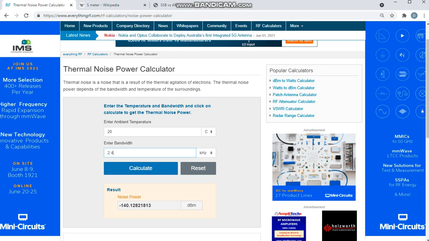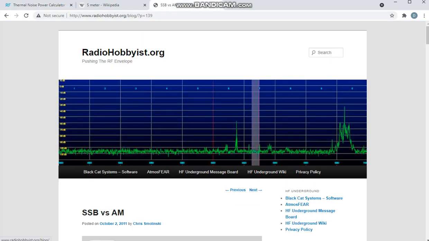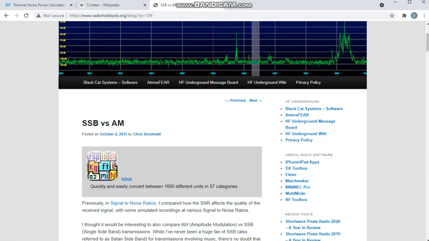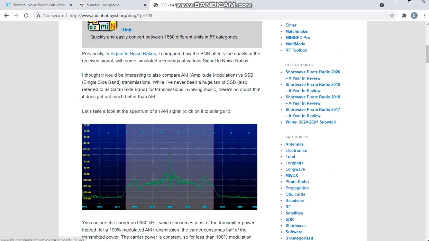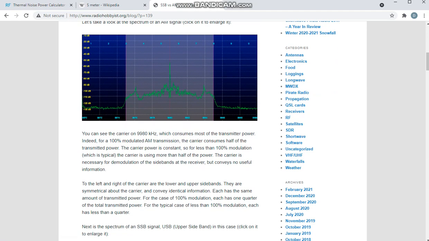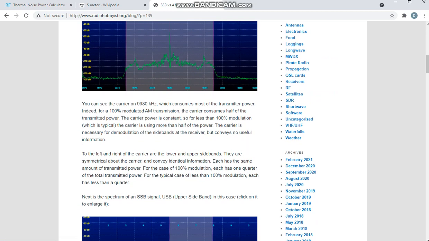The other is, and I found this, radiohobbyist.org has an interesting article. They got one thing wrong, but everything else looks good. They're talking about how the power is concentrated onto one sideband versus a carrier and two sidebands.